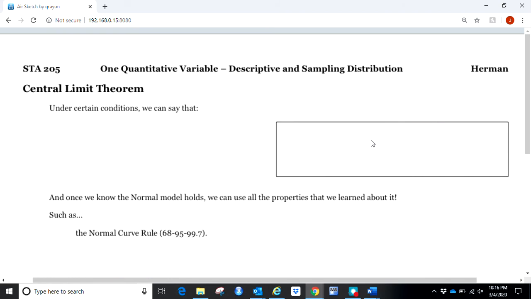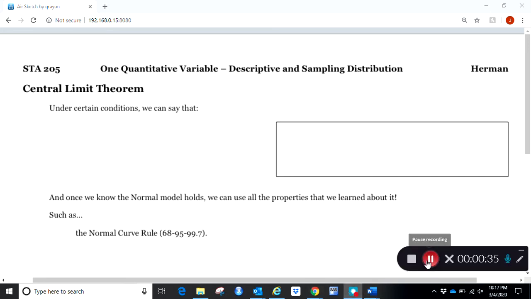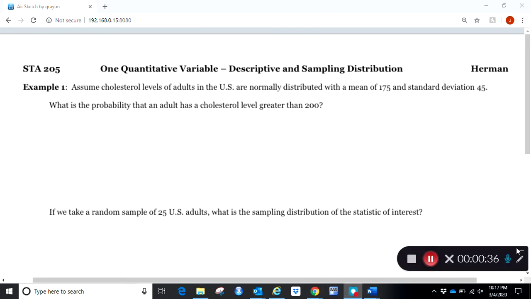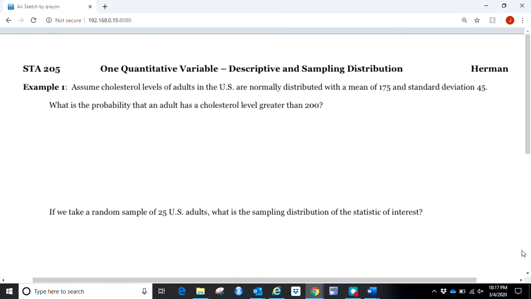So in our first example here, we are looking at cholesterol levels of adults in the United States. It says that they are normally distributed with a mean of 175 and a standard deviation of 45.